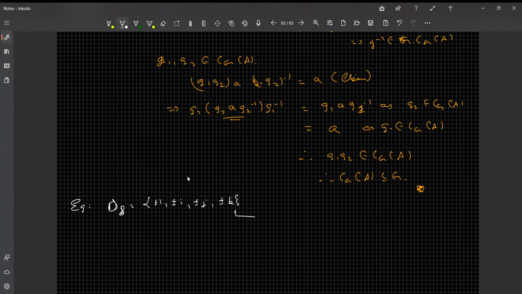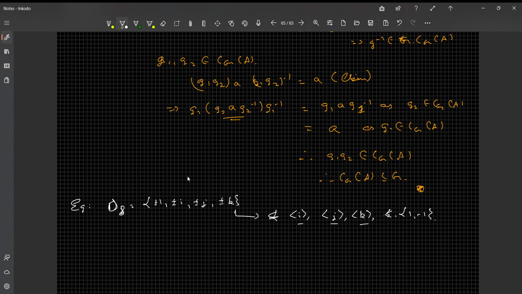The subgroups of Q8 are generated by i, generated by j, generated by k, and the one generated by minus one. And this is obviously in every other subgroup as well, right?